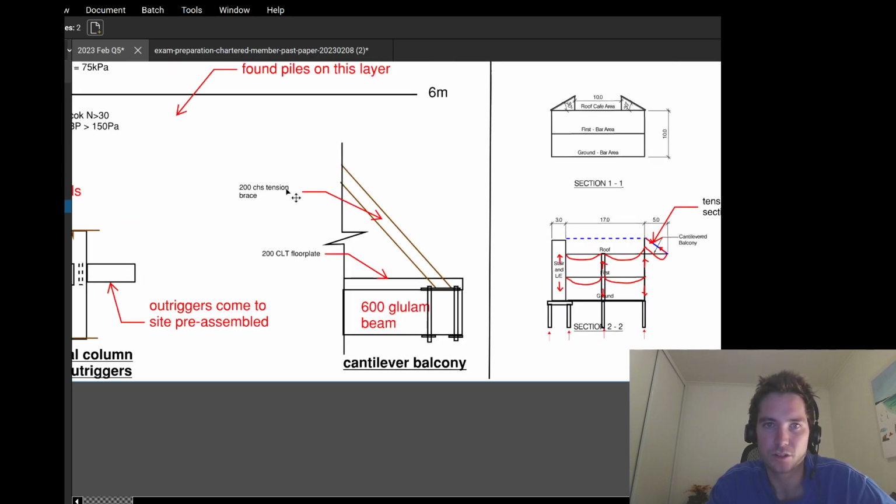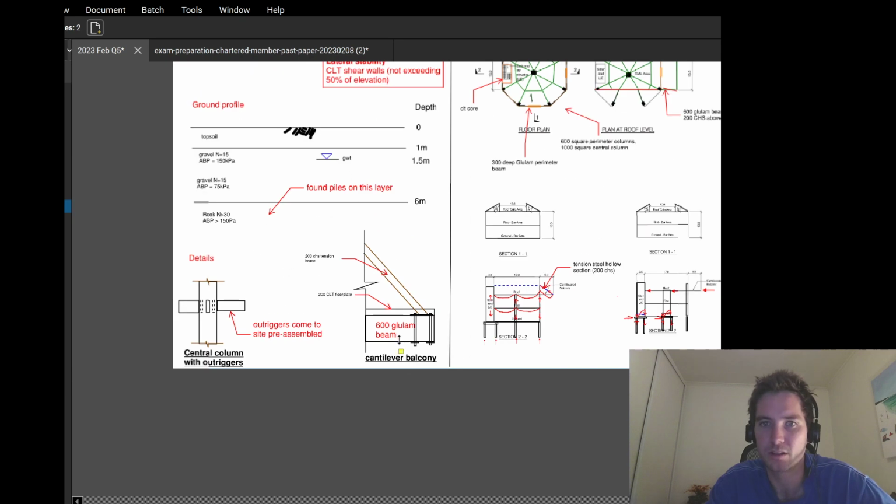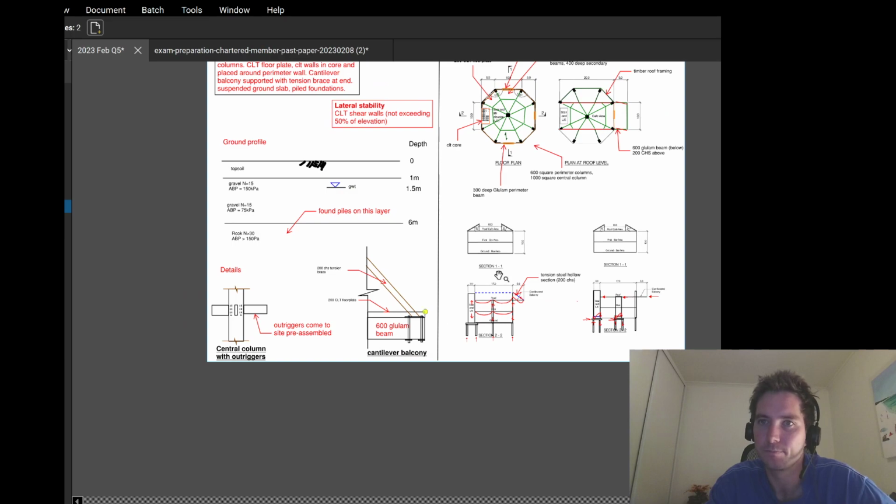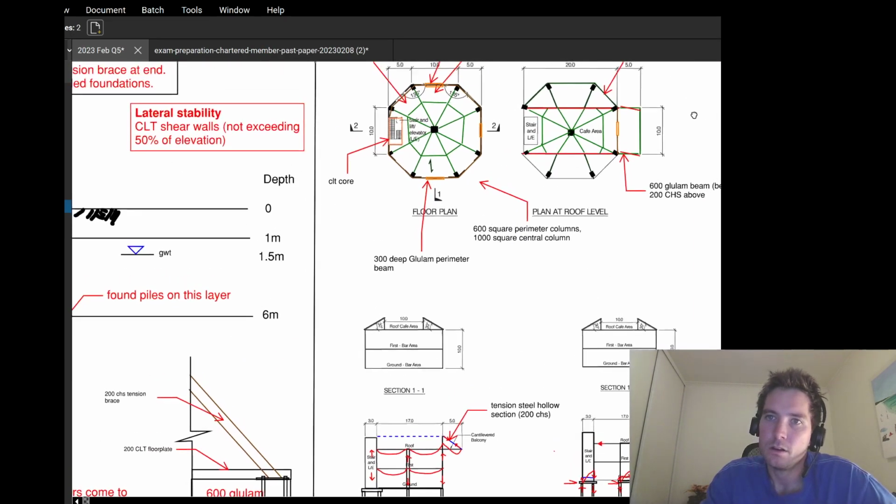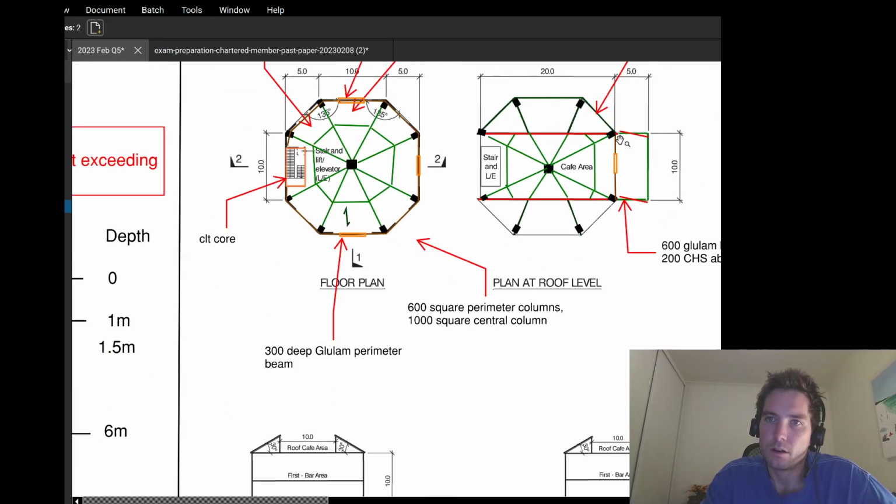I've got a 200 CHS member coming from the top of my column, picking up the end of that glulam beam, and you've got the CLT floor plate spanning between the two glulam beams. I would actually have probably another one over here.